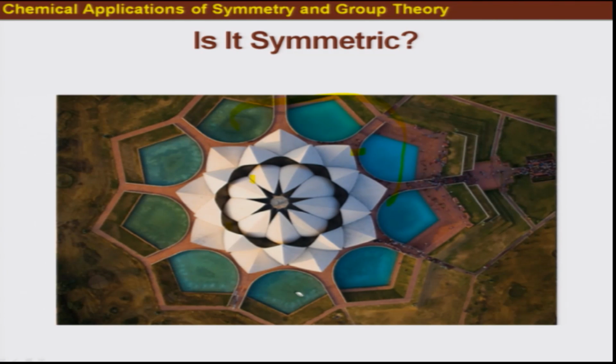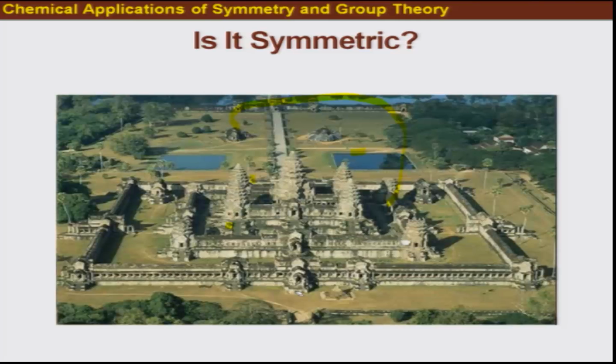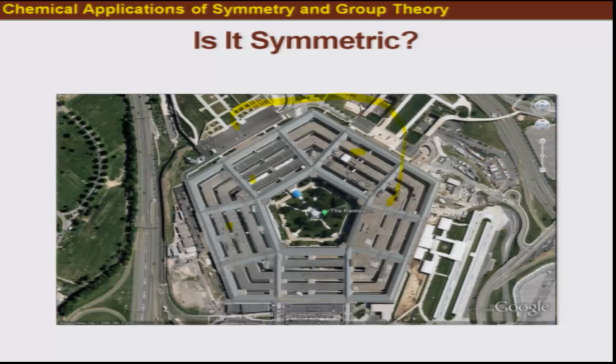Now let us look at some of the other structures. Here it also looks pretty symmetric. Here is a famous building, many of you know, this is called the Pentagon. It's probably the head office of US Defense. Now, this is also highly symmetric.